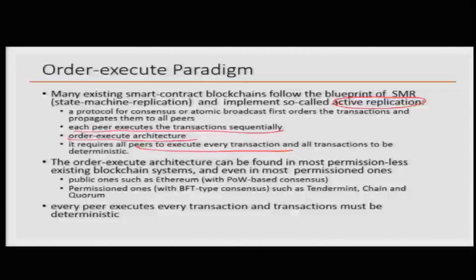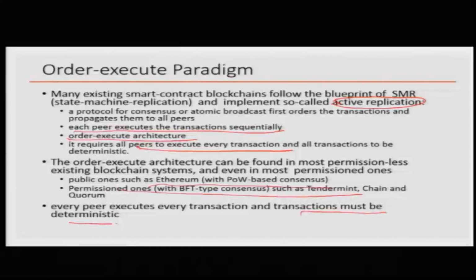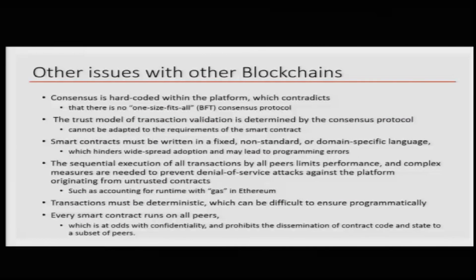So, determinism is a must. The order-execute architecture is in Ethereum or in some other permission-based ones like Tendermint, Chain and Quorum, and transactions must be deterministic. So, these are the hallmarks of the earlier generation of blockchains.